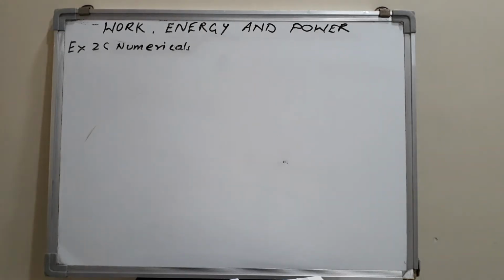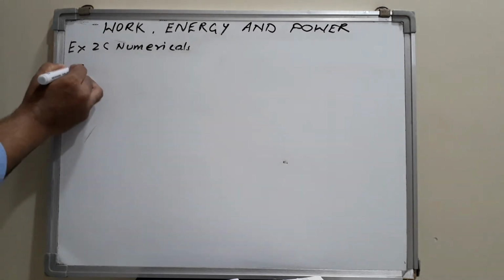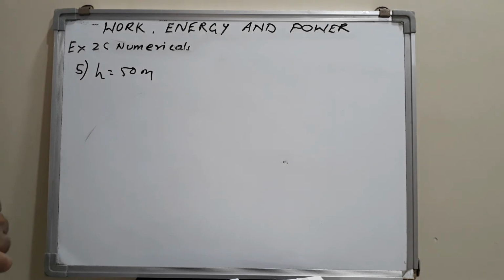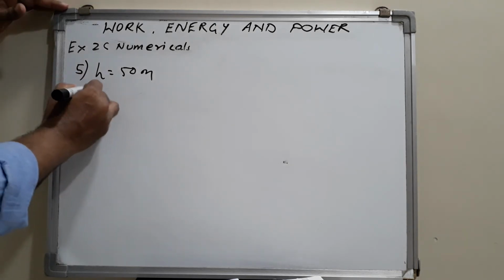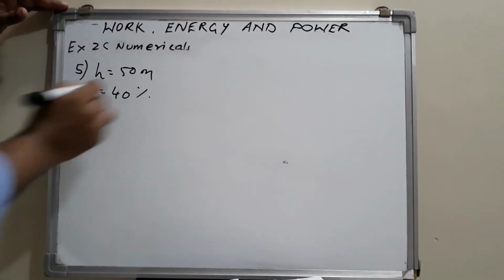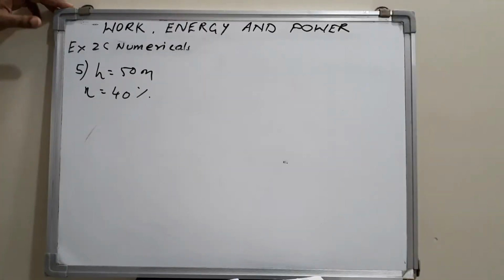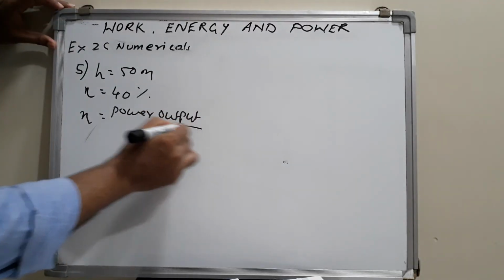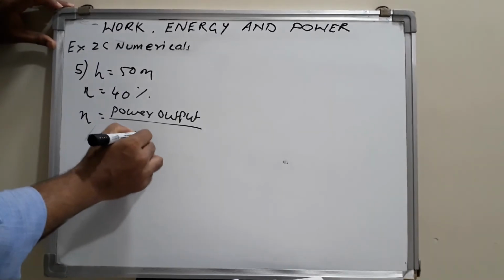Now we come to question number 5, which is about a hydroelectric power station which takes water from the lake at a height of 50 meters. And assuming the overall efficiency is 40%, calculate the mass of water. So we have done a formula before which says efficiency is equal to power output upon power input.